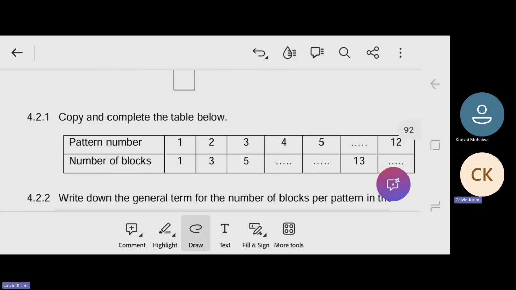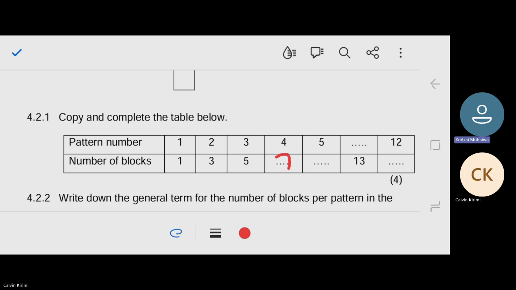Then pattern number 5? 9 blocks. If there are 13 blocks, what pattern number do we get? 7. Then down there, pattern number 1? 23.